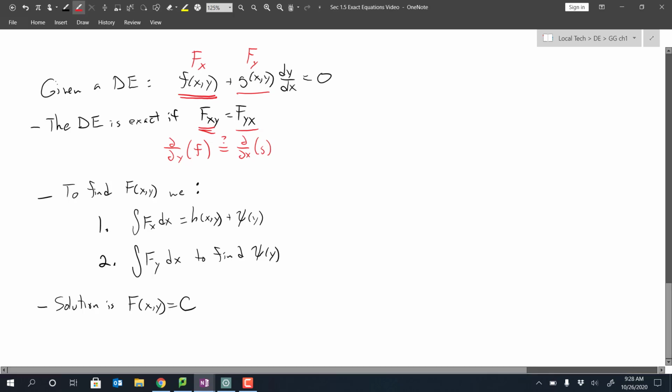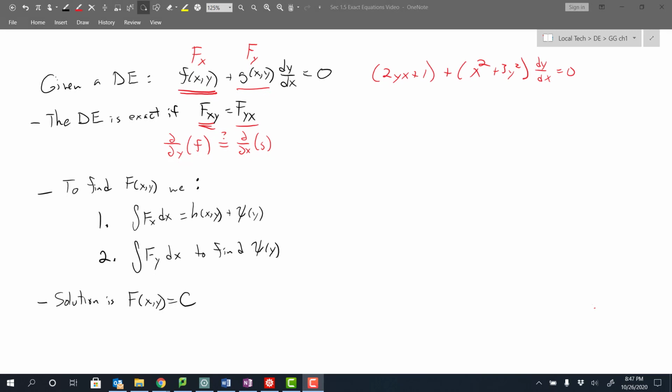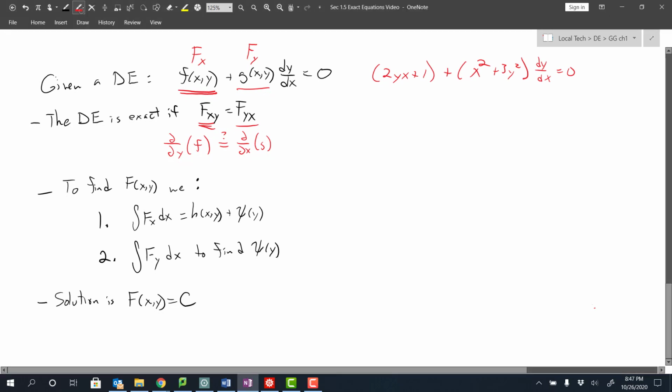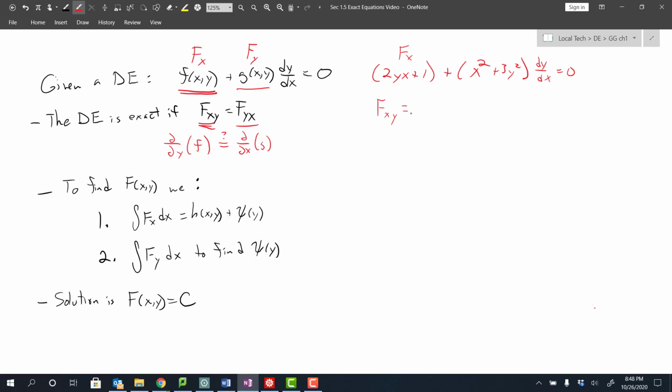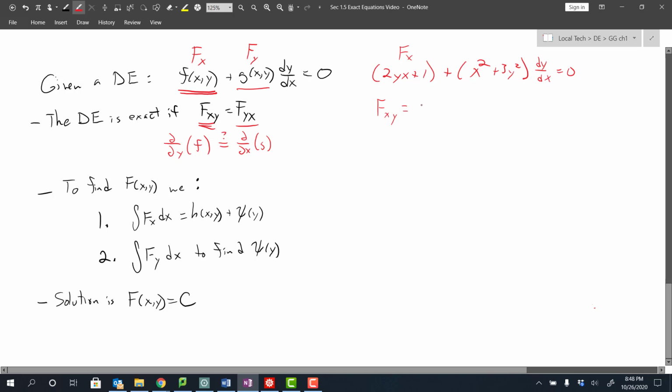So let's look at an example. If I had this differential equation, then to show that it was exact, I would take this first piece, which I'm hoping is the partial of F with respect to x, and calculate the partial derivative of that with respect to y. In this case, I'm treating x like it's a constant, taking the derivative with respect to y, and I would get 2x.